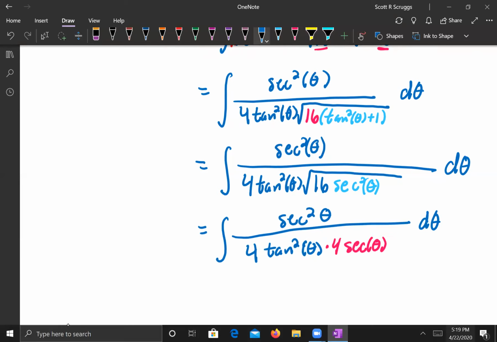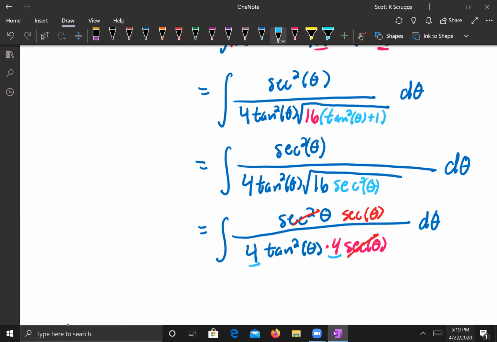Here I can do a little bit more simplification. I have a secant of theta in the denominator. I have a secant squared of theta in the numerator. So I'm just left with 1 secant of theta in the numerator.